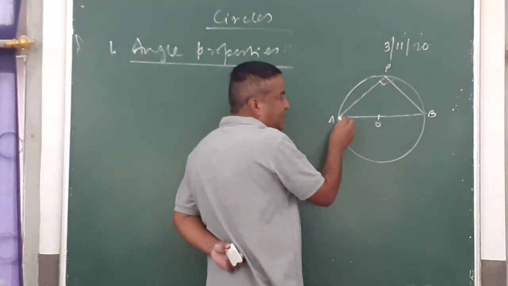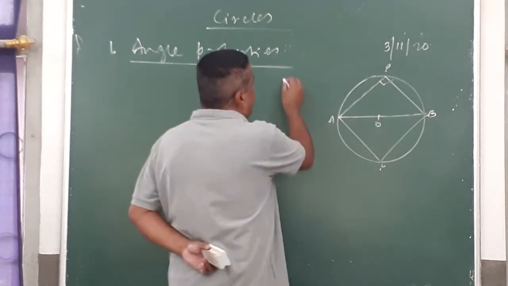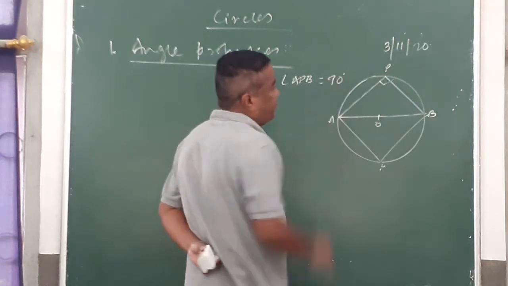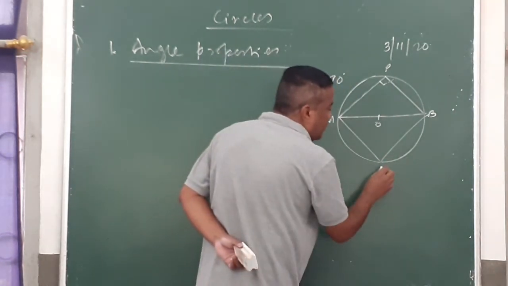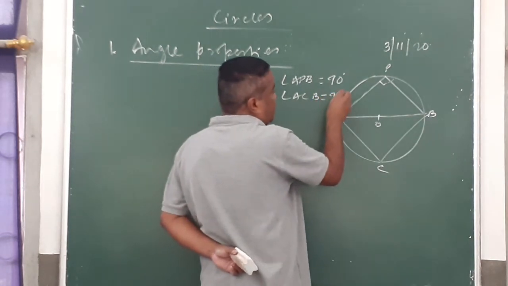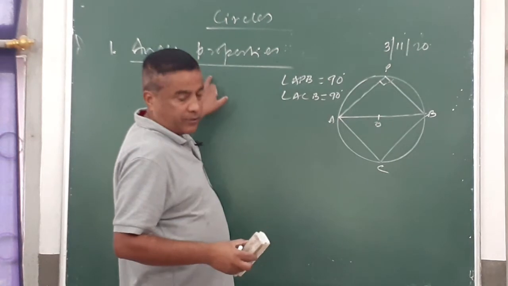Either this angle is 90 degree or this angle is 90 degree. Then you can write angle APB is equal to 90 degree, or angle ACB is equal to 90 degree. This is theorem number 2 under angle properties.